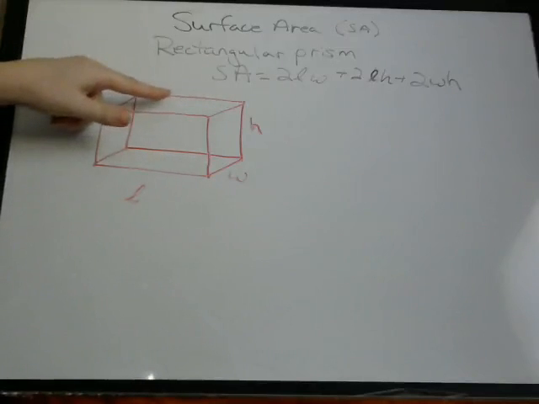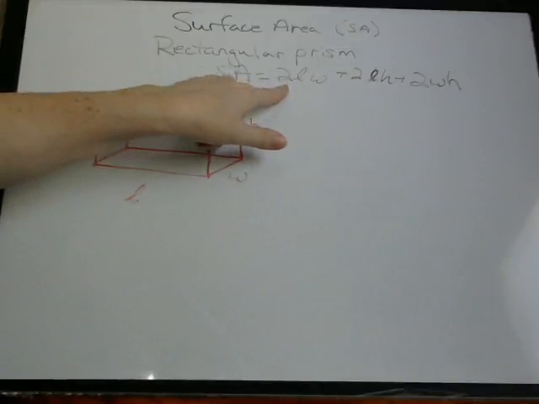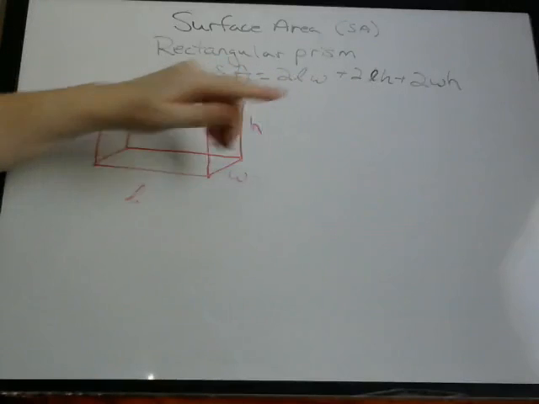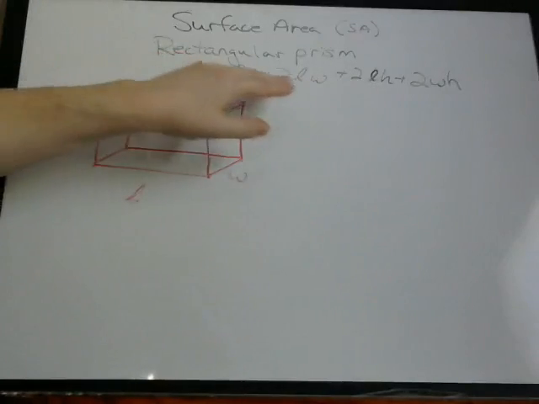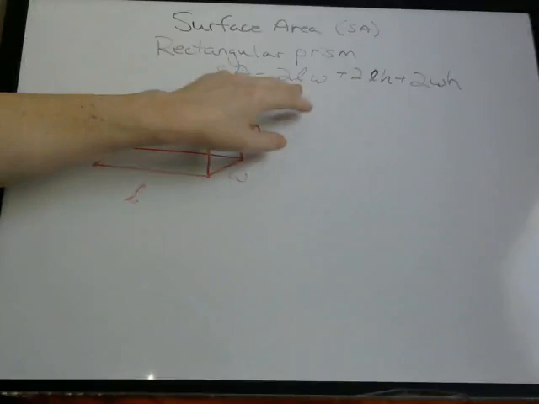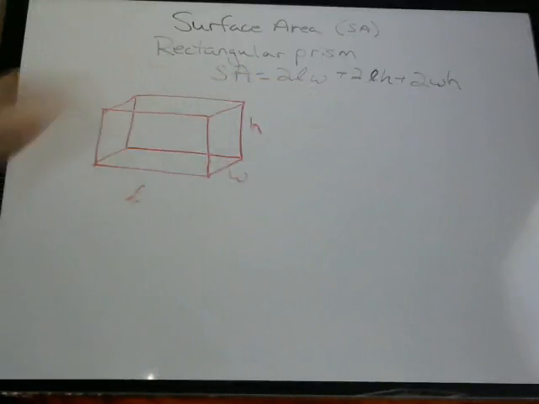So we have 2 length times width. That's why you see 2 times length times width, because that accounts for the surface area on both the top and the bottom. You can break these out and say length times width plus length times width, but that's the same as saying 2 times length times width. So that covers the area of the bottom and the top of the box.